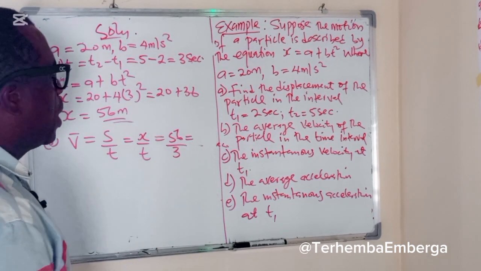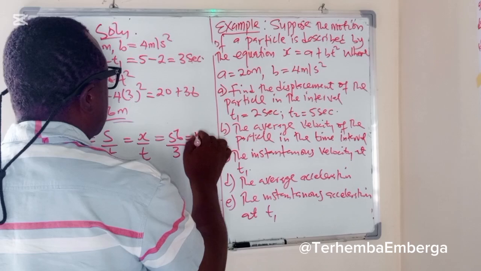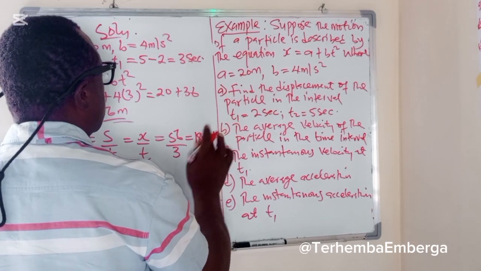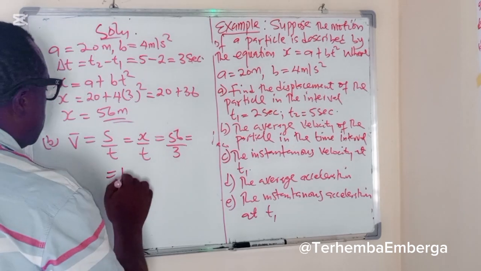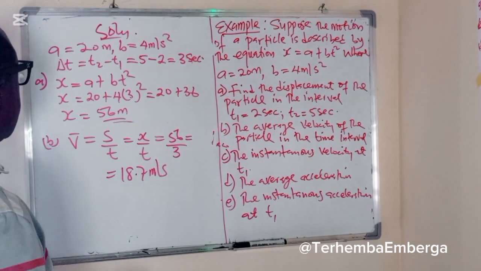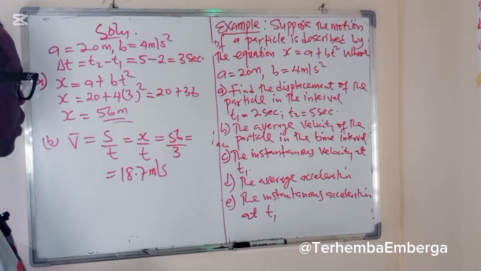By the time you do that, you have 18.7 meters per second. That is the average velocity.